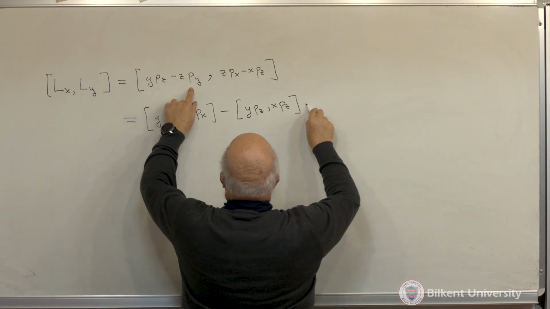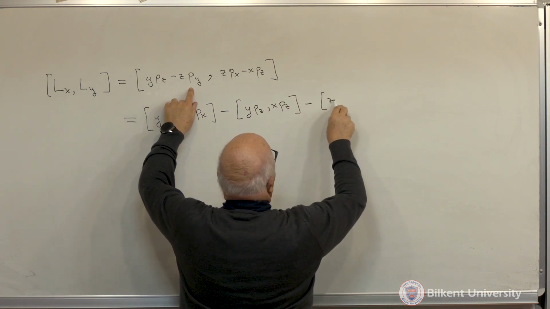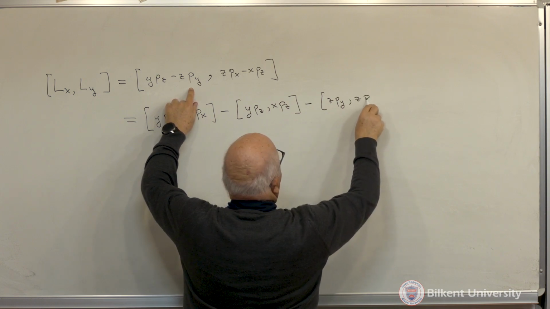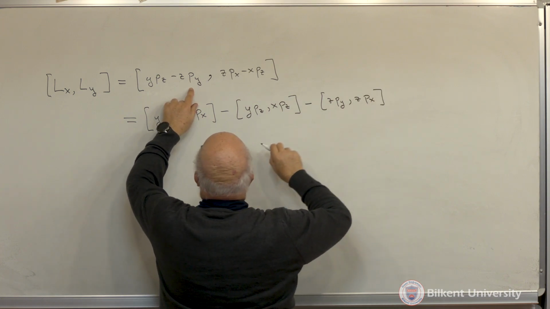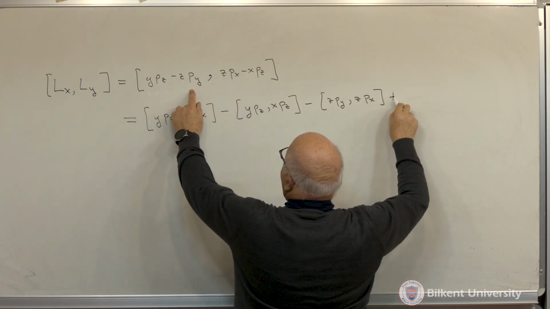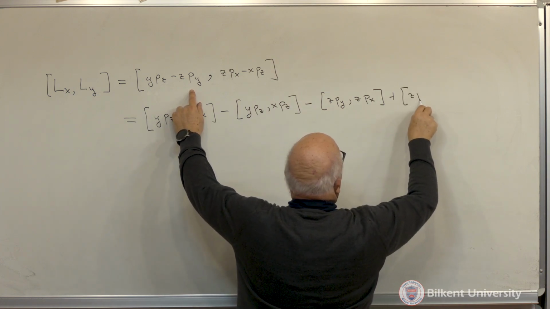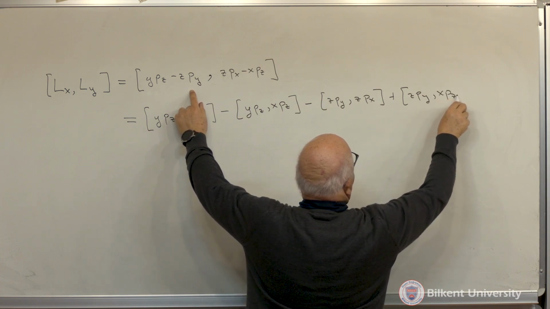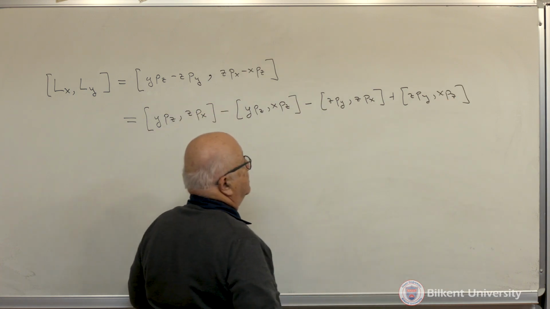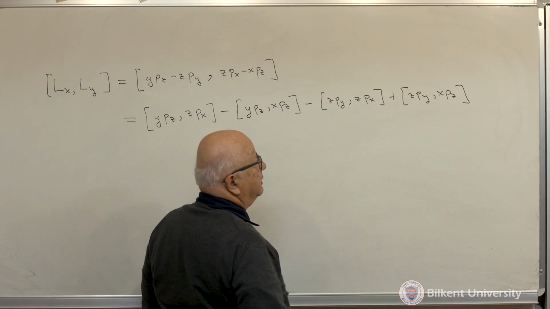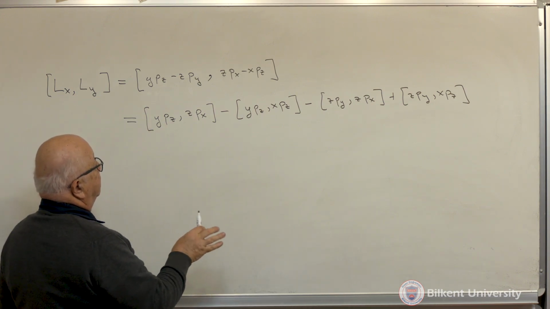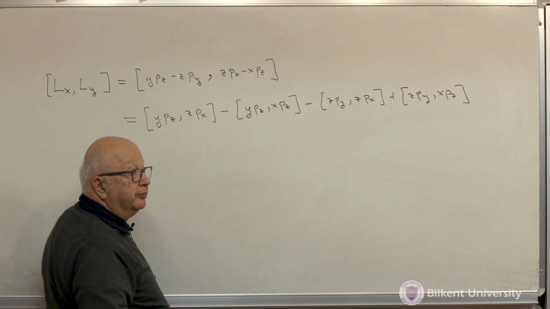Then I have this minus z py with z px. And finally plus z py with x pz. Okay? Now, I have to look for things that do not commute.